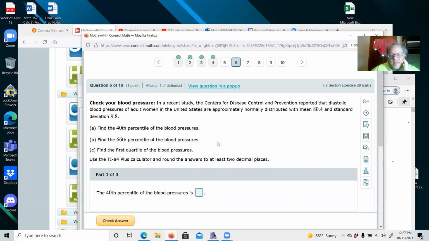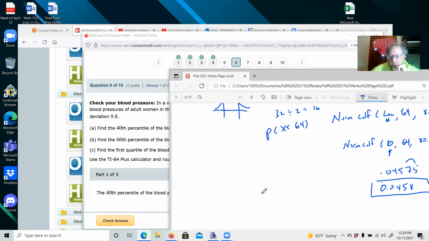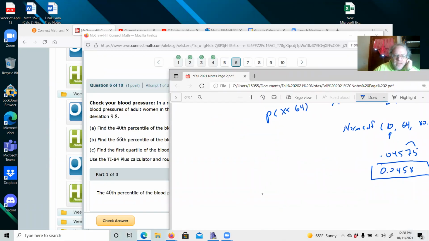All right. So again, they're giving us the percentile, and they want to know what's going on with that. So what is the value of the blood pressure if it's in the 40th percentile? I know generally having lower blood pressure is good.